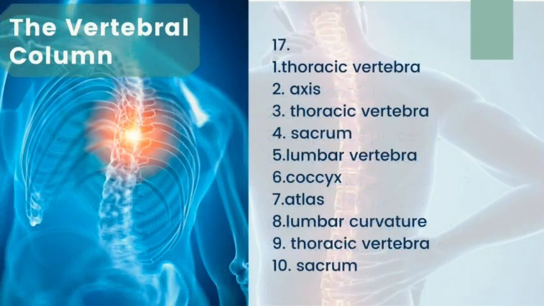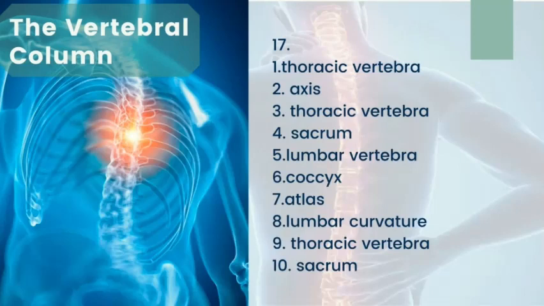Number 17 here, number 1 answer is the cervical vertebra, a vertebral type with a bifid forked spinous process. Number 2, axis, pivots on C1 that lacks a body. Number 3, thoracic vertebra, bears facets for articulation with ribs and forms part of the bony thoracic cage.